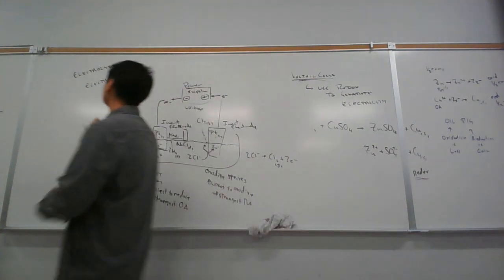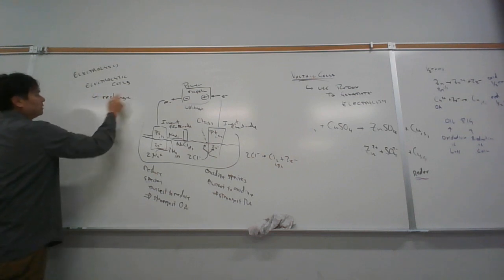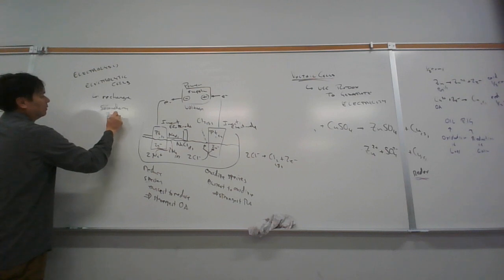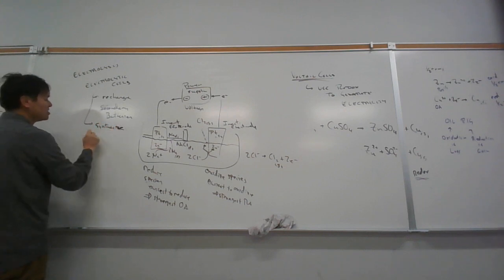So there are 2 things that we do with electrolytic cells. One, recharge secondary batteries. Or 2, synthesize unstable chemicals.